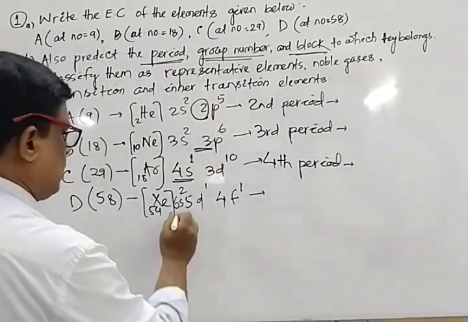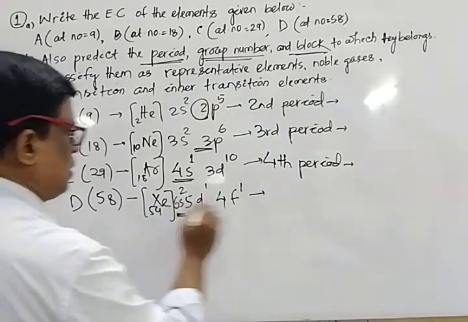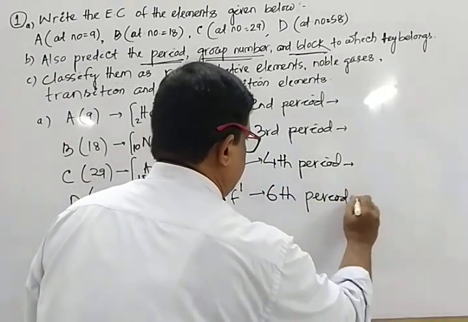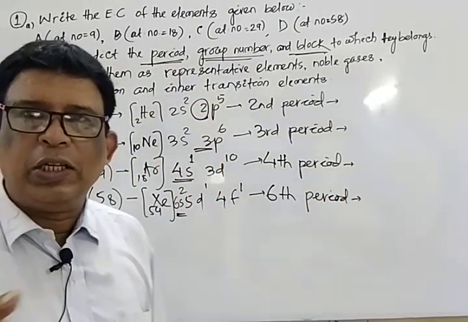Next, the last electron enters 6, sixth period. Mark that. The period part is over.